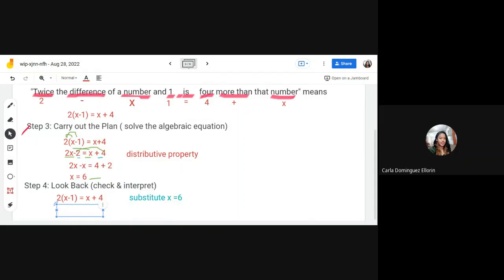So, 2 times x dito, palitan natin ng 6 minus 1 is equal to, then palitan natin si x dito ng 6 plus 4. Okay, so we have this one. Then solve natin siya.